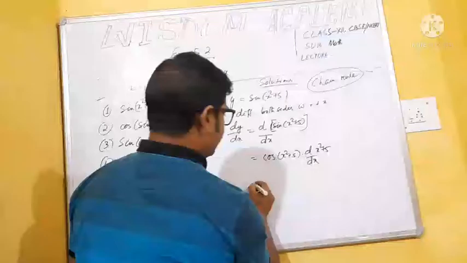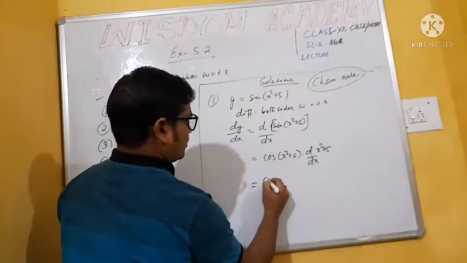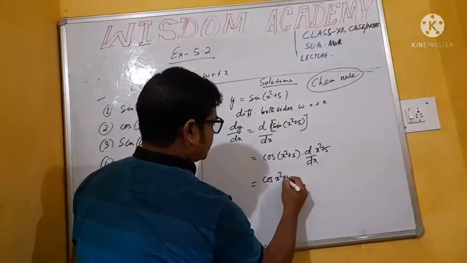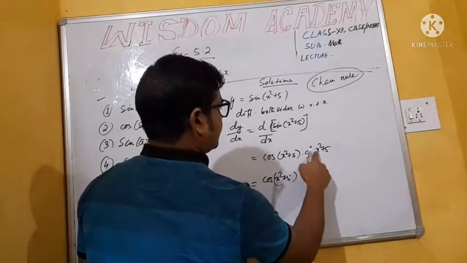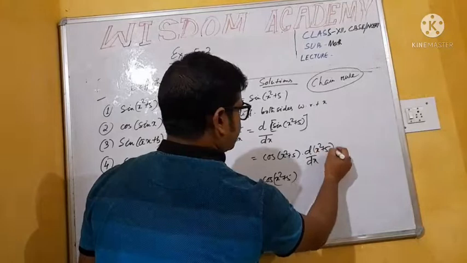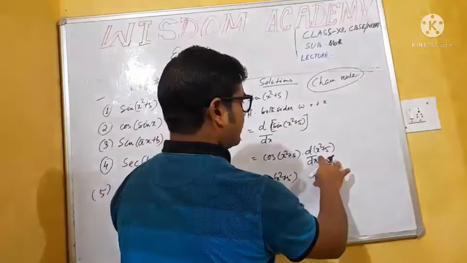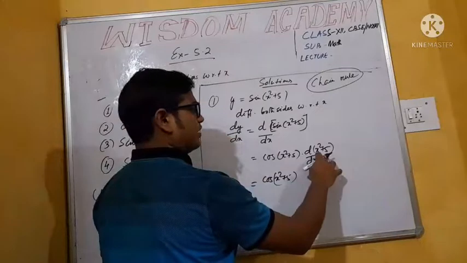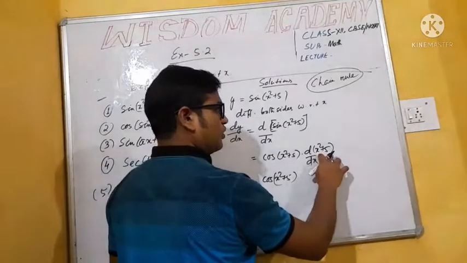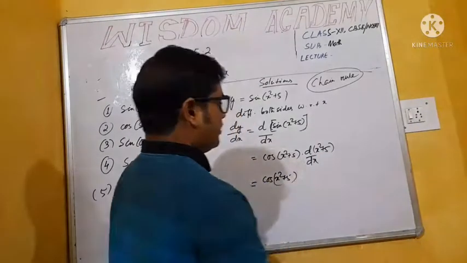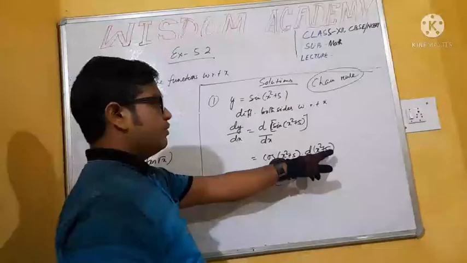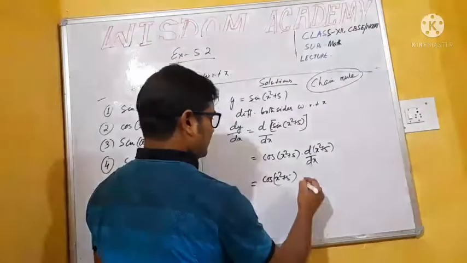So you can write cos x square plus 5 into derivative of, here apply the addition rule. If two functions are added, how to find the derivative? We find that by individually adding the derivatives.